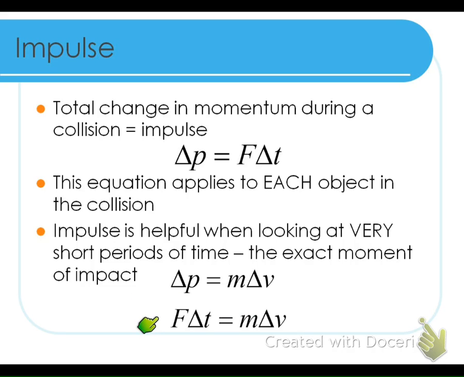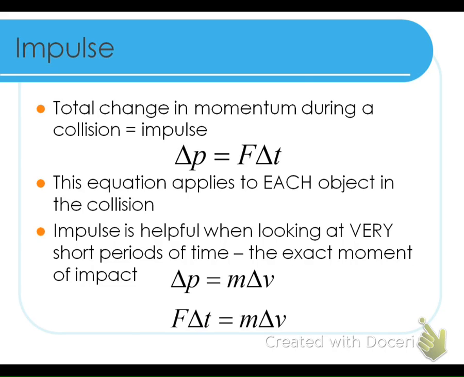What we're doing in the second equation is just taking both of these terms, which are set equal to delta P, and we're going to set them equal to each other, okay? Since we know mass times delta V equals change in momentum, and we know that force times delta T equals change in momentum, we can set them equal to each other.